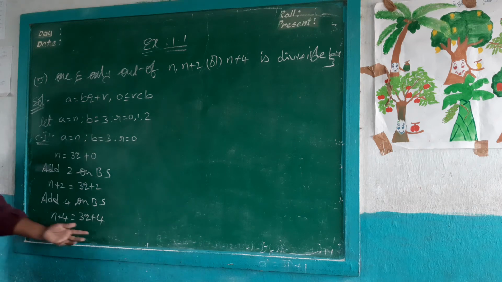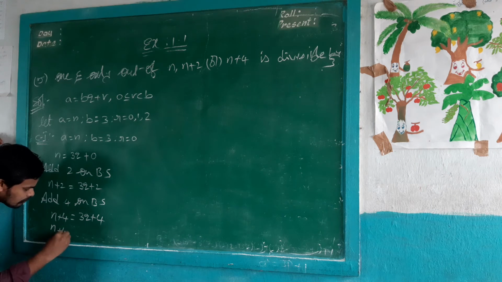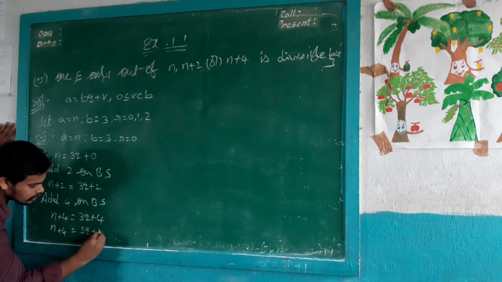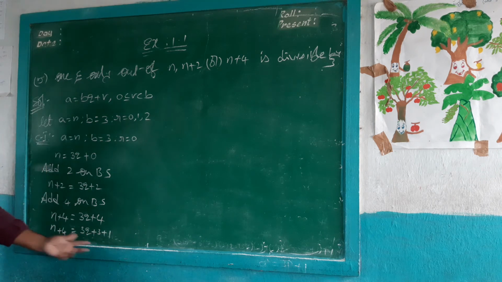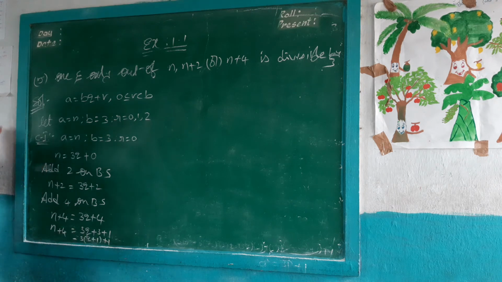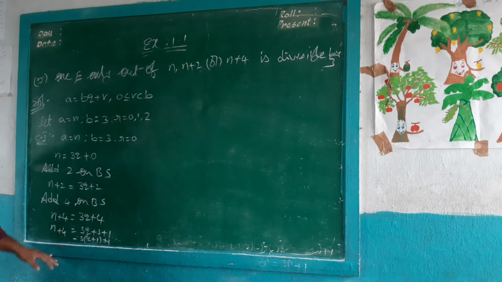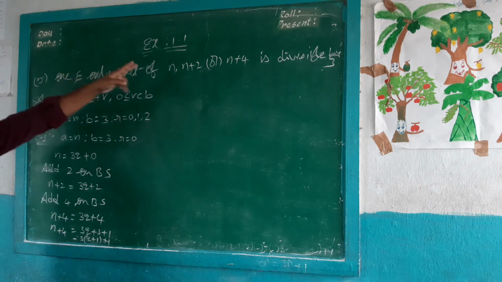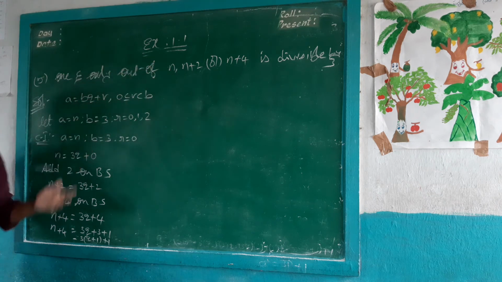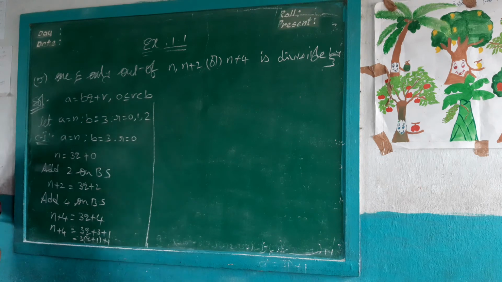Here the remainder is 4, so you can easily write n plus 4 equals 3q plus 3 plus 1, so 3 times q plus 1, plus 1. Here the remainder is 1. So in the first case, only n is divisible by 3, and the statement is proved.